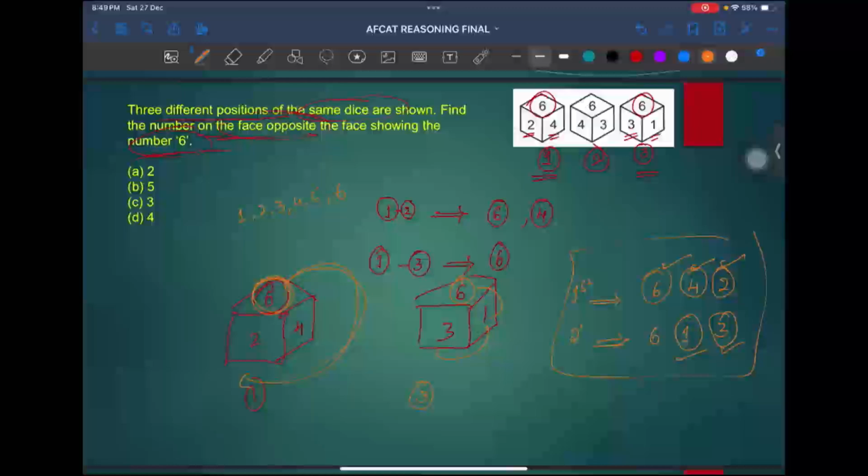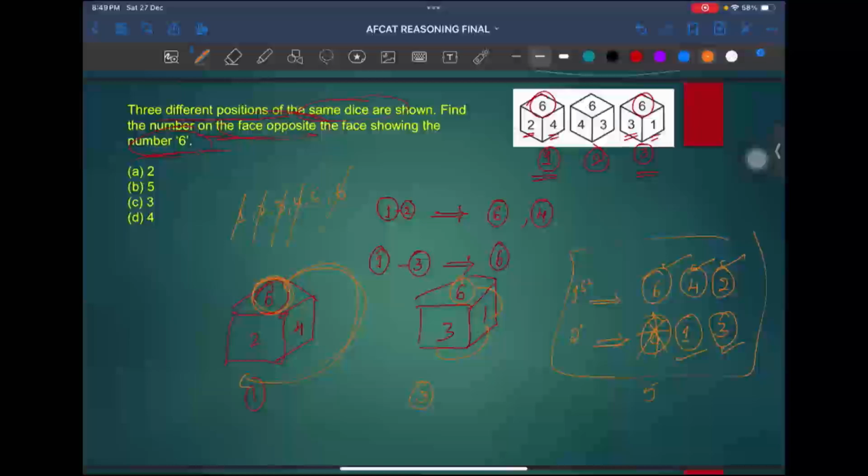For the face value of 6, as I told, it will never be in the opposite position. So what will be the remaining number? We know that we got 1, 2, 3, 4 and 6. The remaining number will be 5.